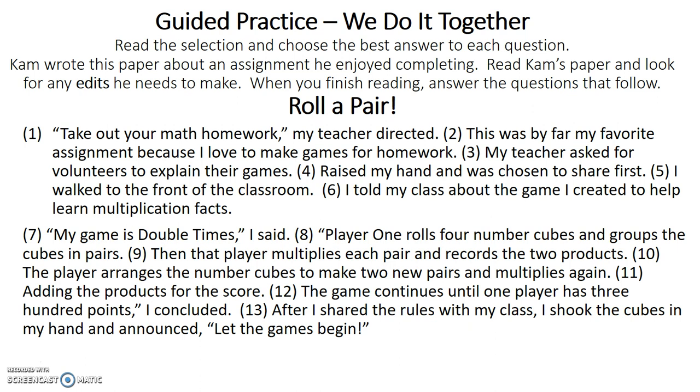The game continues until one player has 300 points, I concluded. After I shared the rules with my class, I shook the cubes in my hand and announced, "Let the games begin."